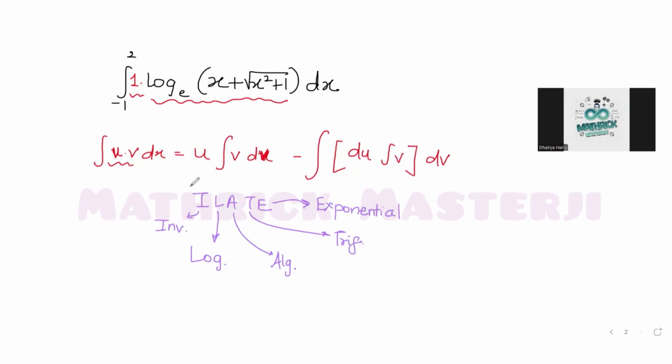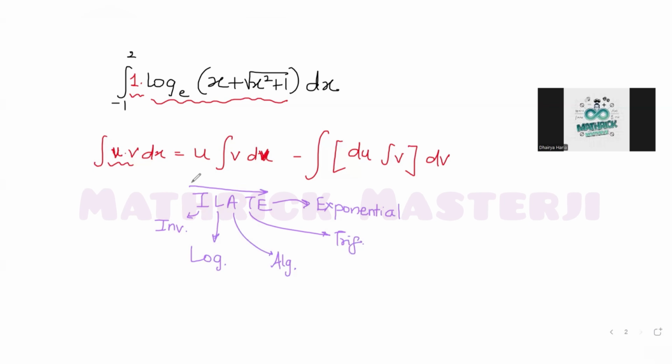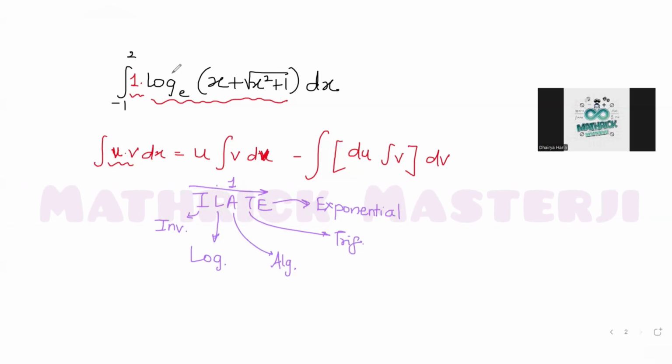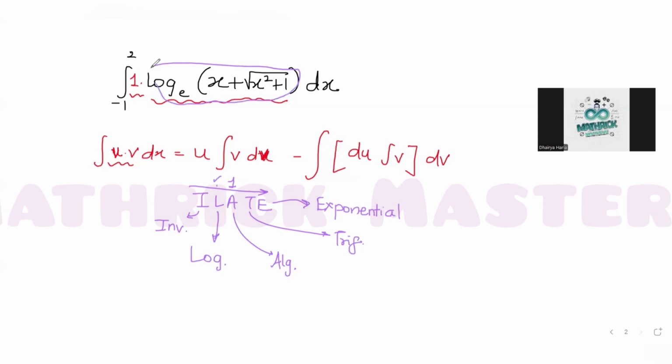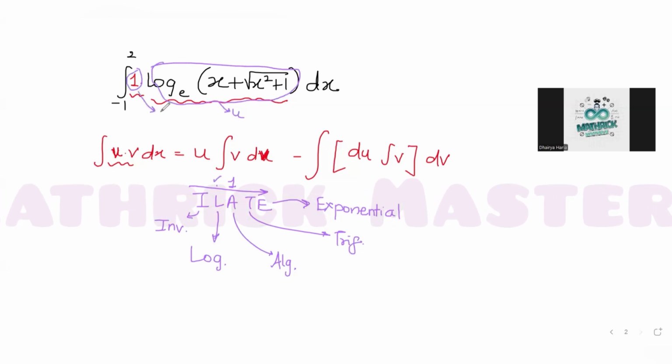We go from left to right: the one which comes first becomes u, and the other becomes v. Here, 1 is x raised to 0, so it's an algebraic function, and log of this entire function is a logarithmic function. So the logarithmic function comes first.